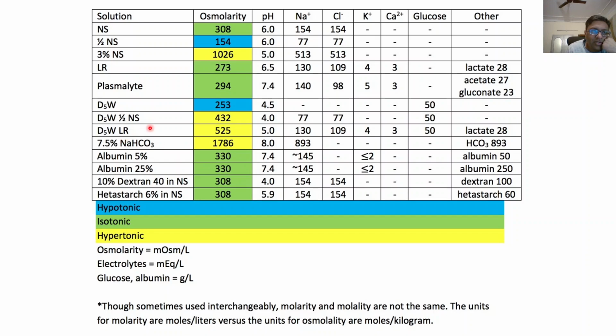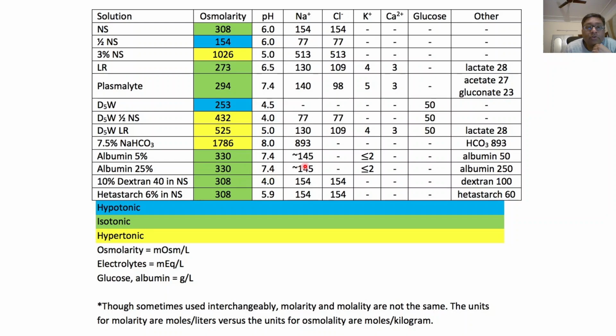Similarly, half DNS and half RL. Look at bicarbonate, it is also extremely hypertonic. 7.5% bicarbonate is even more hypertonic and hyperosmolar than 3% NS. It is 1786, with 893 milliequivalent per liter of sodium. Similarly, albumin.